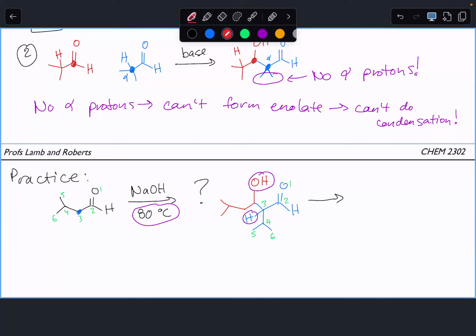So then our final product is going to be the condensation product. This, keep numbering, 2, 3, and attached to carbon 3, I have 4, 5, 6. So that's my thought process when going through these types of reactions.